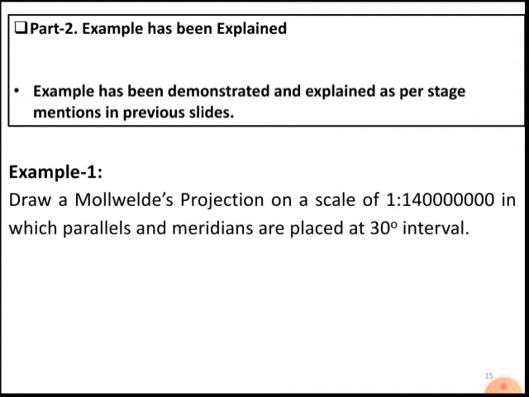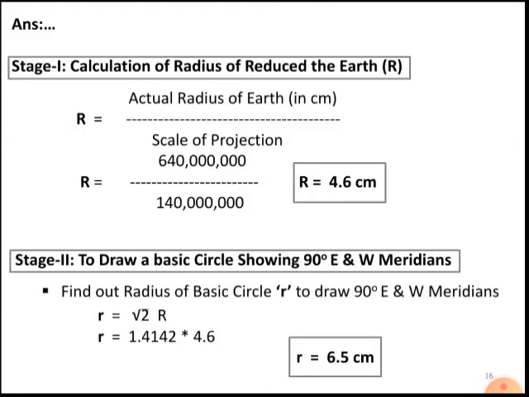What it means is that the interval of the parallels and the meridians is 30 degrees. That you must keep in mind. Okay, so let me start how to solve this example in the coming slides.